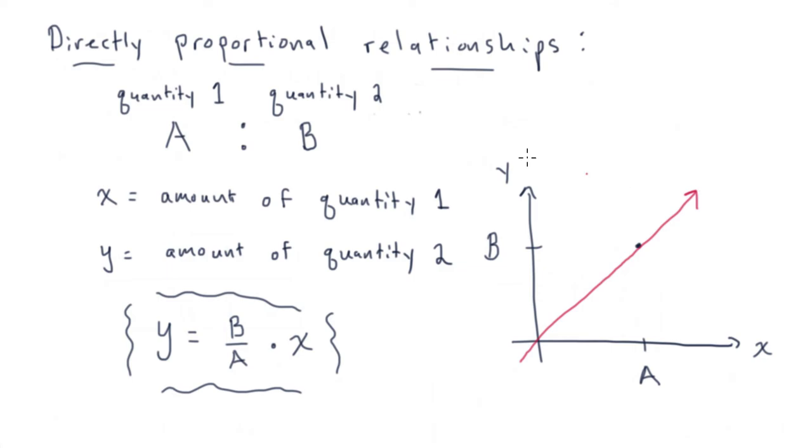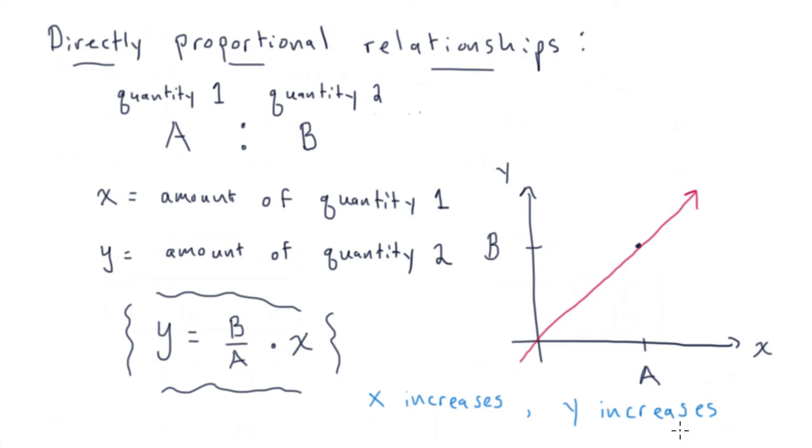Another key thing about directly proportional relationships, particularly when you're trying to recognize them, is something like, if x increases, y increases. And notice this was how we were able to tell that the previous example wasn't a directly proportional relationship, because as the number of workers increased, the amount of time it took to paint the wall decreased.